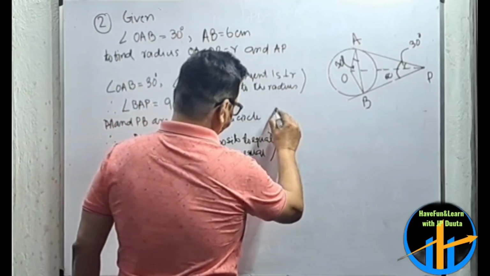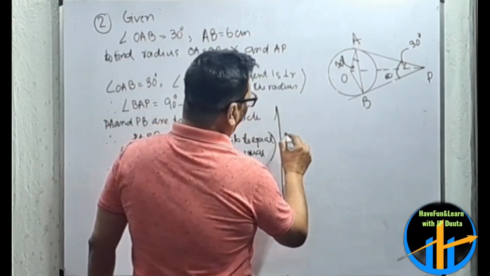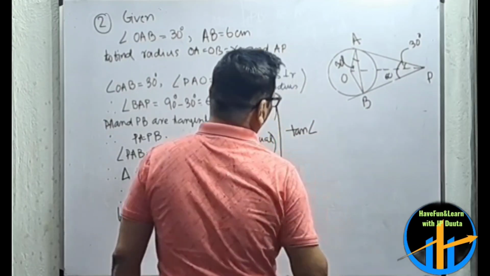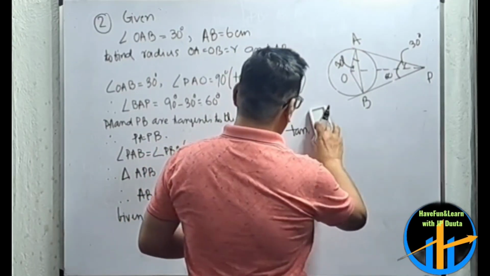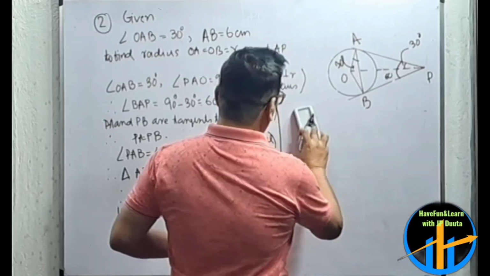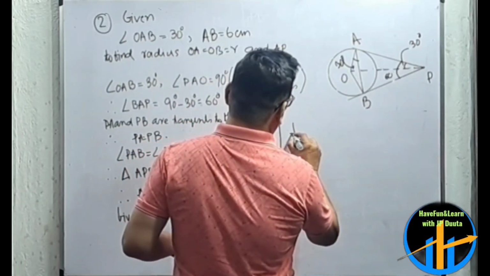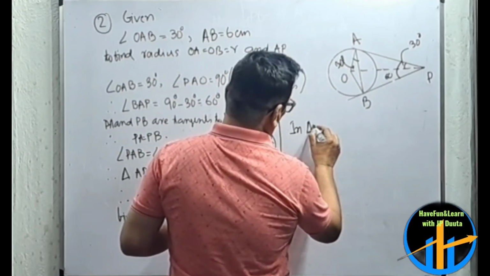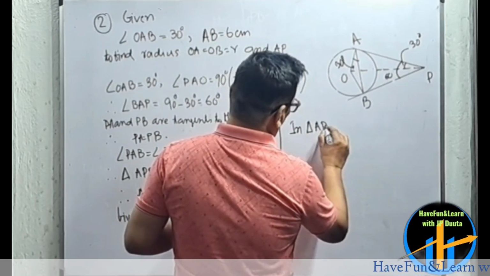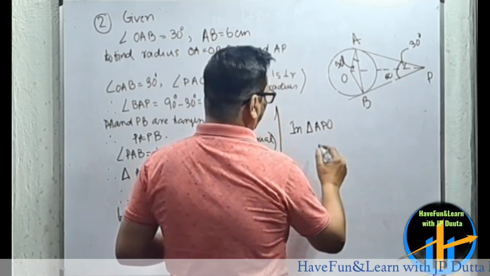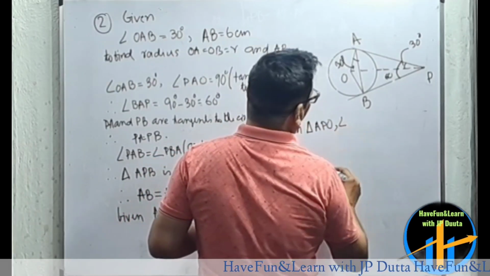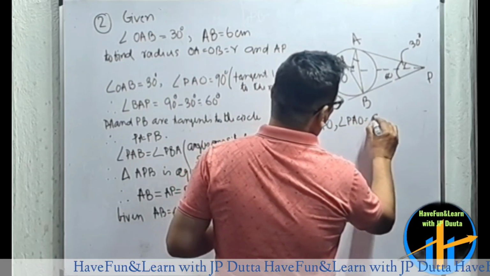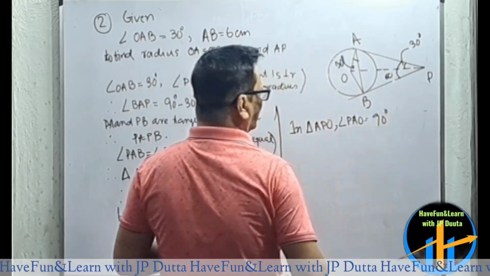So now, in triangle APO, angle PAO is equal to 90 degrees.